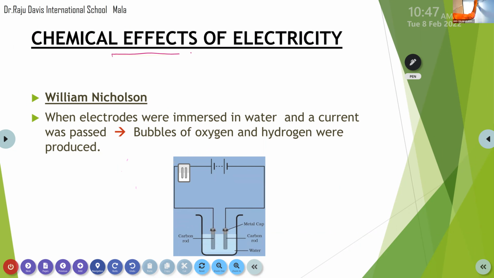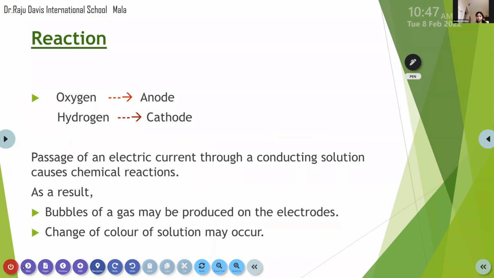So from this experiment, William Nicholson proves that when electrodes were immersed in water and a current was passed, bubbles of oxygen and hydrogen were produced. Clear? Then where can we observe this oxygen?